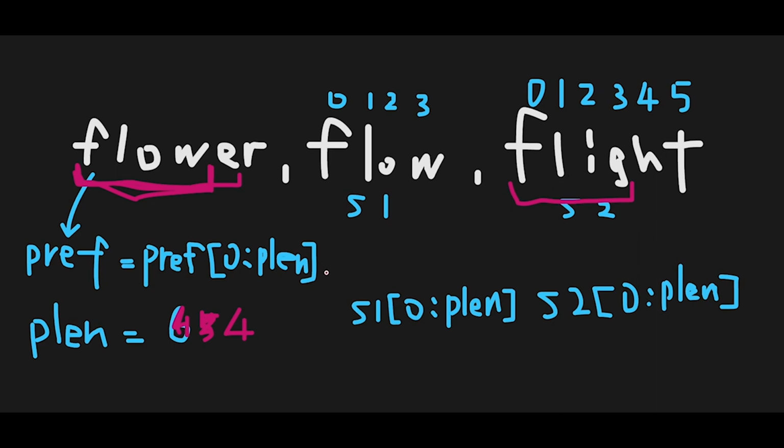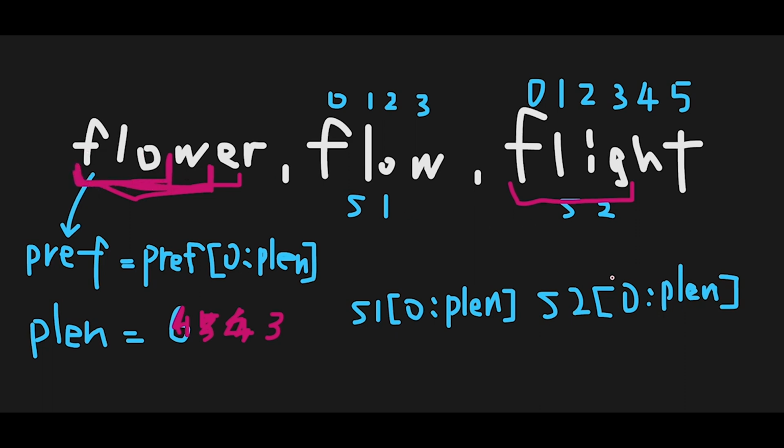In that case, again add -1 to plen, 3, and then update prefix 0, 1, 2, but 3 is not included, so we update prefix with FLO.